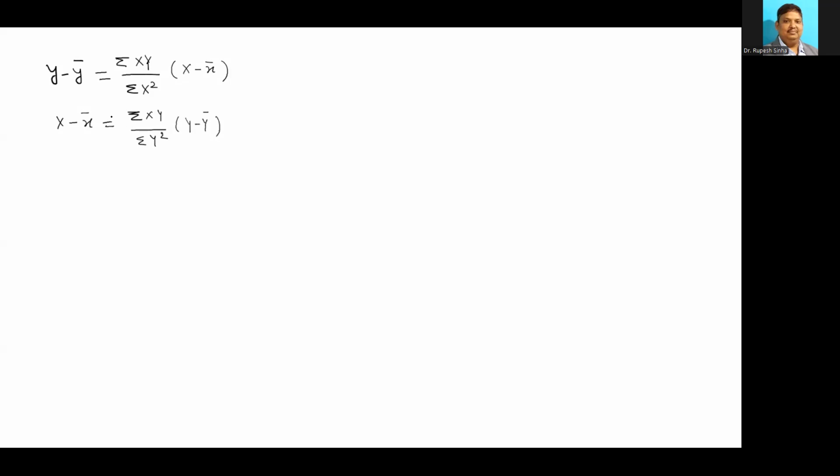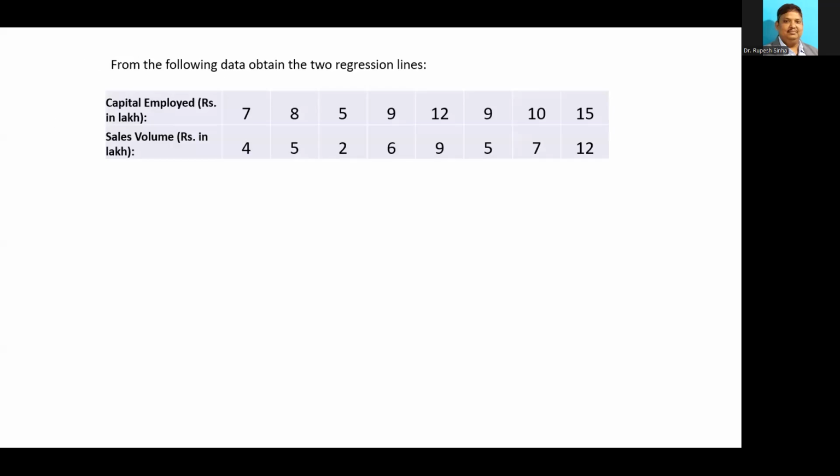So these are two equations by which you can find the equation for y on x, and second one x on y. Putting everything in this formula, you will be able to find both the equations easily, then put the value of x or y, and you can do the prediction of the value. So let us check another example.